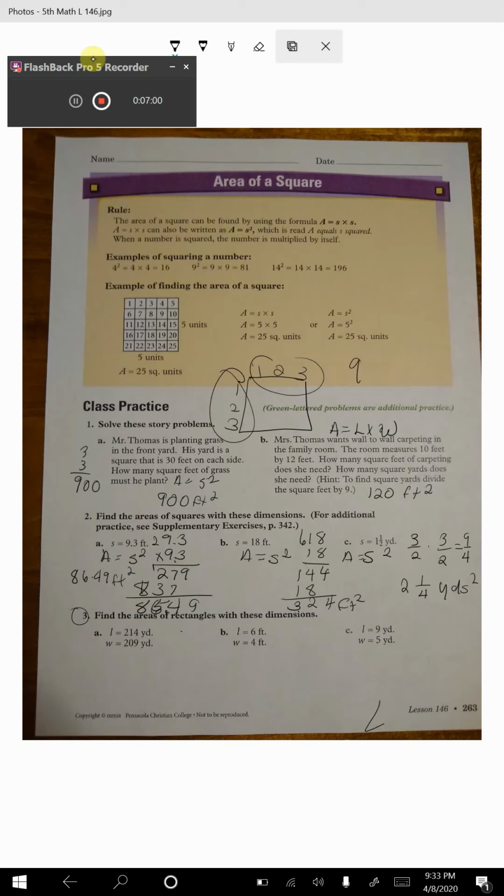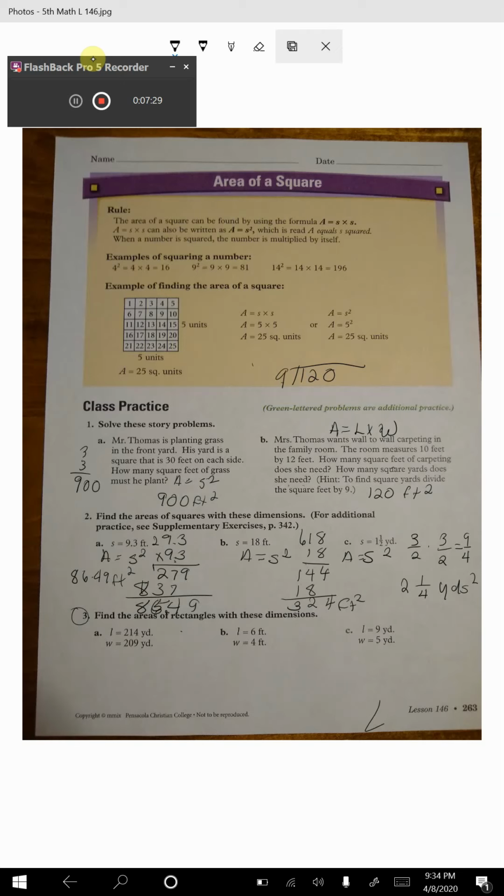So 9 square feet equal 1 square yard. So actually, we have to divide this by 9. So it's 120 divided by 9 square feet.